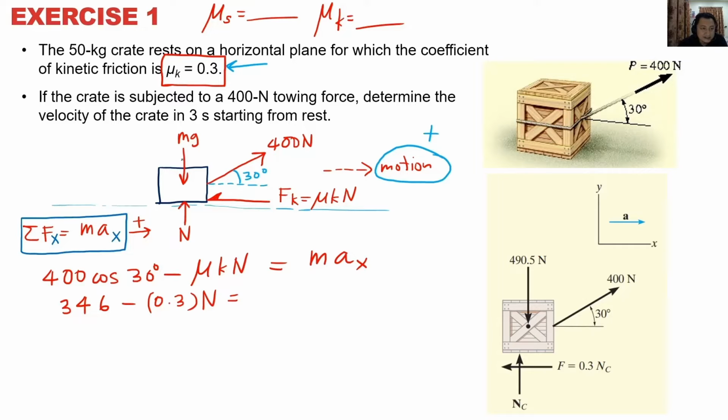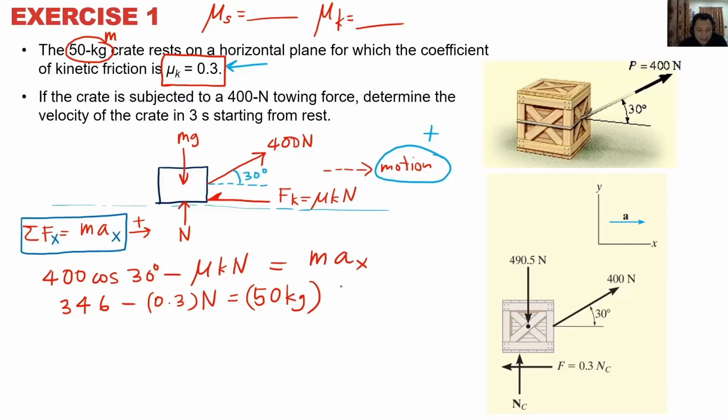Mass. So this is mass, m. Definitely key in 50. Acceleration. Do we need to multiply the mass by 9.81? No need. Mass is mass. The unit is kilogram, so just put in 50 kilograms.